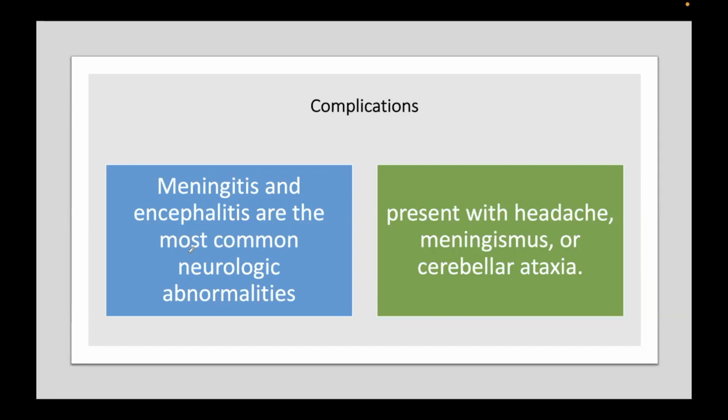The most common neurologic abnormalities are meningitis and encephalitis. So if there's a history of pharyngitis and lymphadenopathy and then meningitis and encephalitis, always think of Epstein Barr virus first. Okay, now winding down.